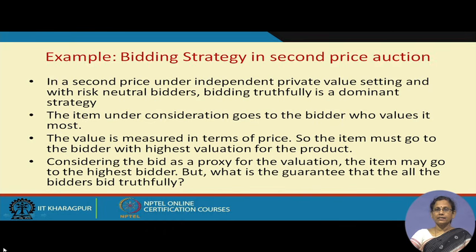Now, what is the guarantee that they will truthfully reveal their bid? We are going to see a situation where, even without you directly stating, because of the rule of the auction, they will be compelled to bid truthfully, and that is why this is supposed to be a very good property.